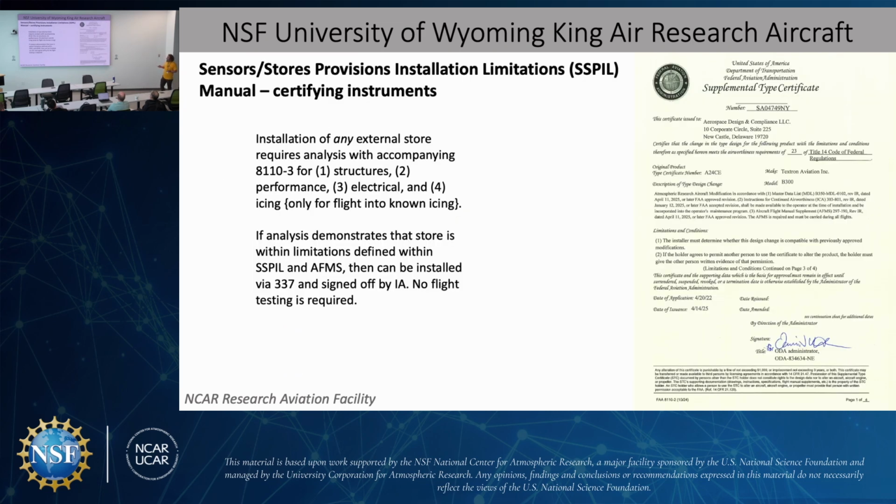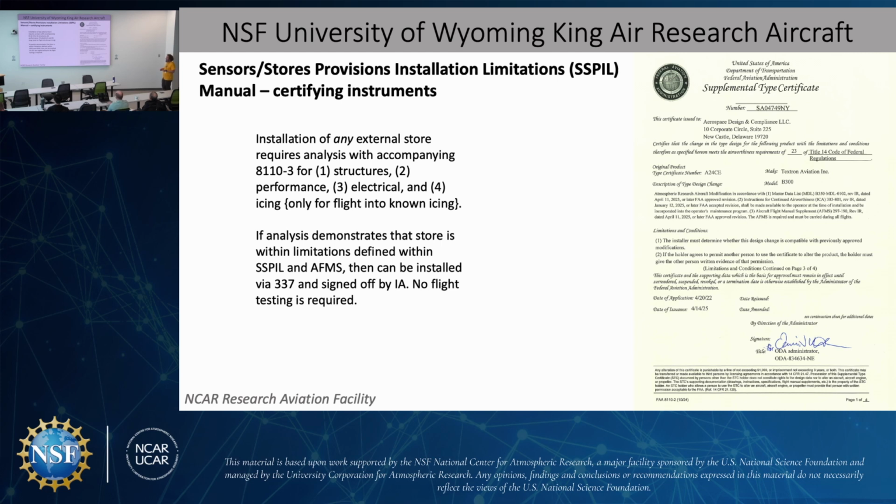Okay, so this SPIL manual, and this is the last slide I have, covers the installation of any external store, and it simply requires what I just said, an analysis and a company 8110-3 for structures, performance, electrical, and for flights into known icing conditions, icing certification.